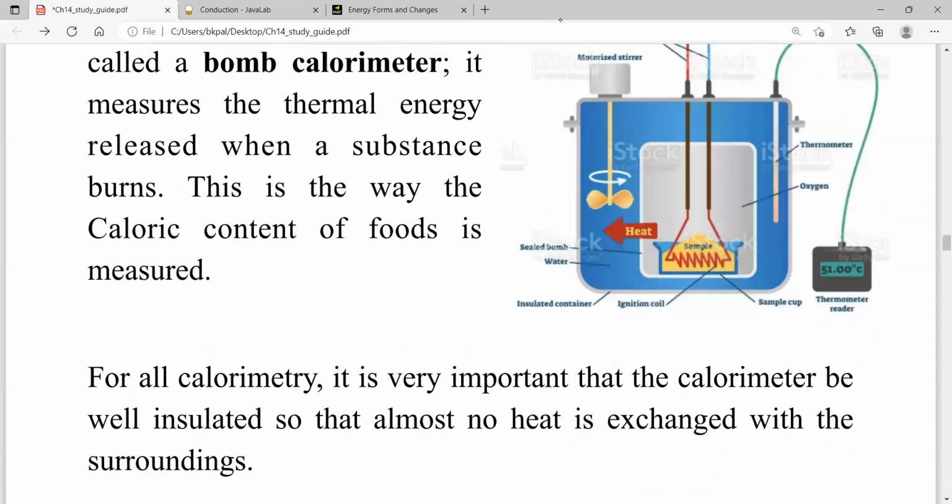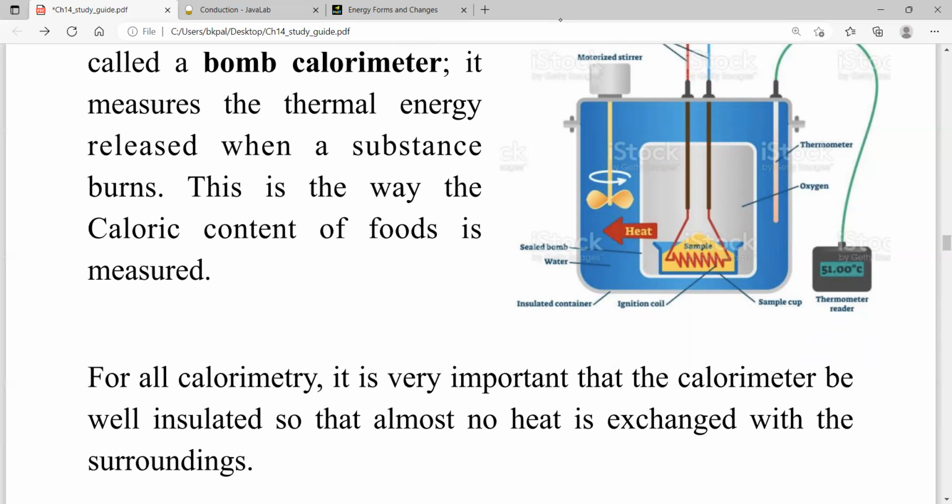The important thing for all kinds of calorimeter is that the calorimeter must be well insulated. That means the system should be isolated. If the system is not isolated, energy or mass can go into the system or come out of the system.